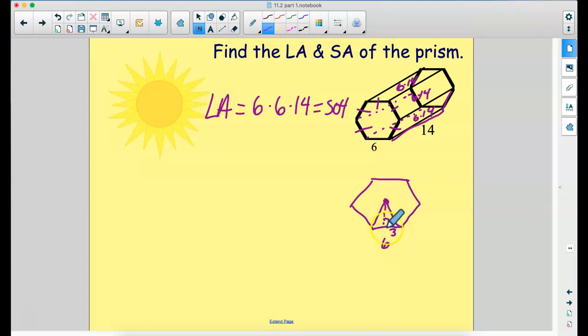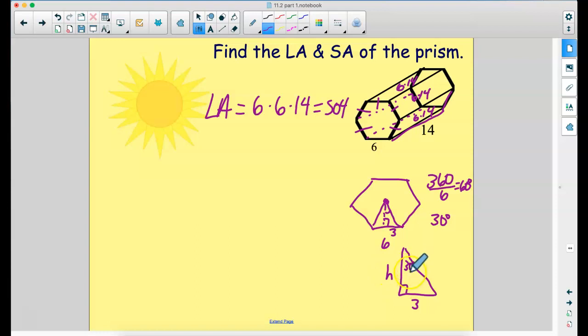And it's going to have a base of 3. So now we just need to find the height, or the apothem there, which means we need to use trig. So 360 degrees divided by 6 triangles is 60 degrees, but we only want this little half of it, so we're going to use 30 degrees. So I'm going to enlarge that part. So this is 3, and this is 30 degrees, and we're trying to find the height.